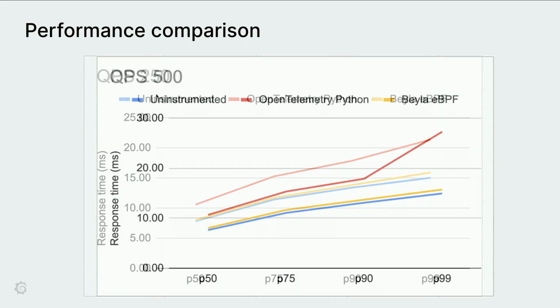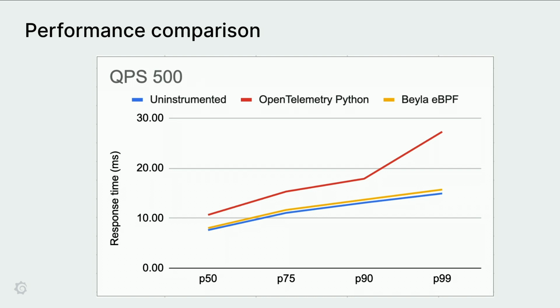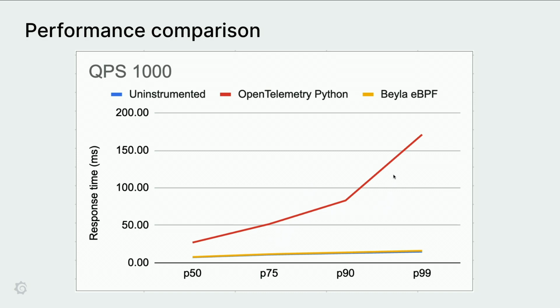You can also see that if we add more load, this difference grows. The response time gets bigger and bigger, especially in the higher percentiles, while Beyla remains close to the uninstrumented.